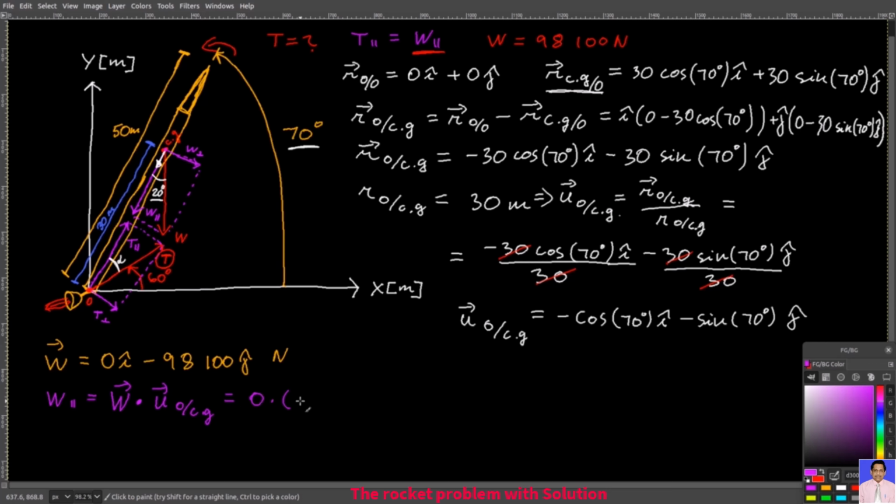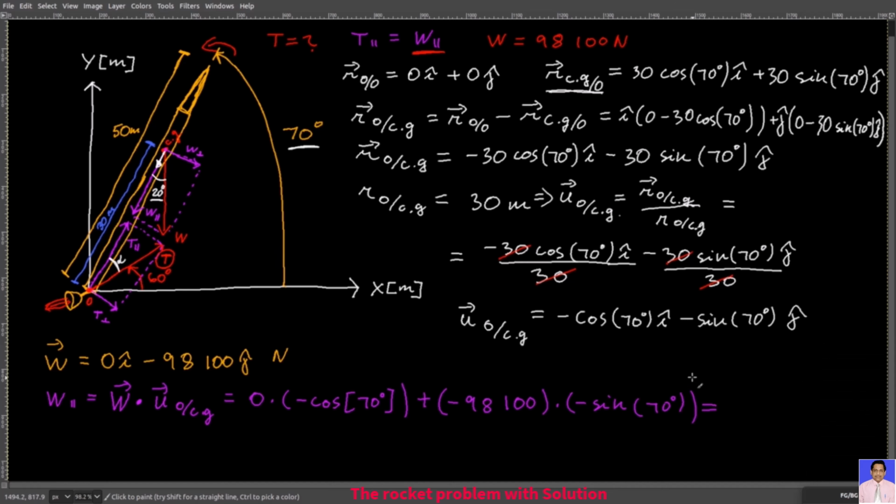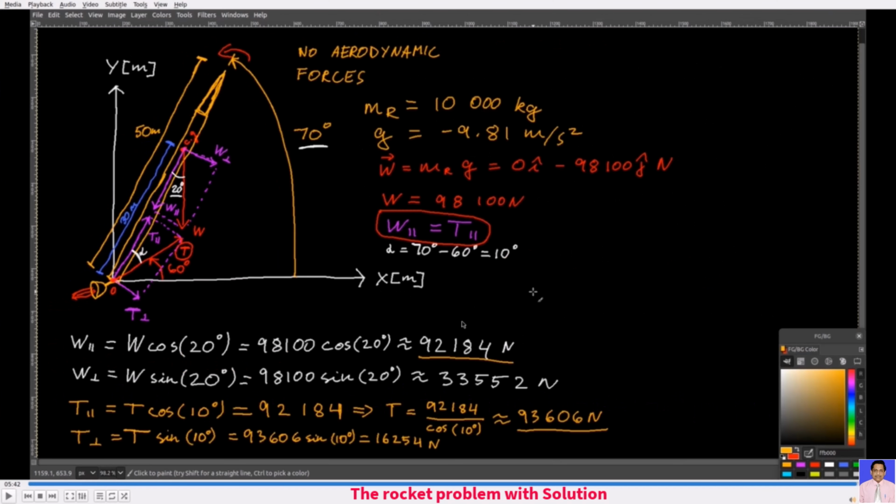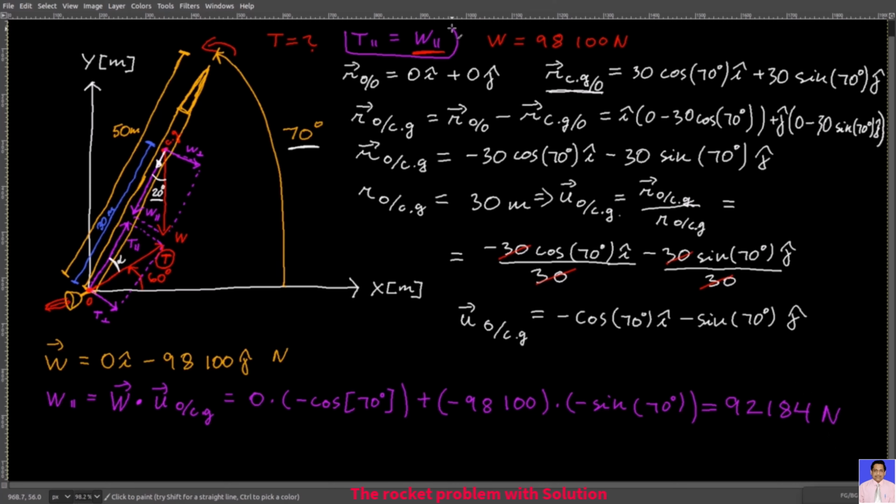So you have 0 times minus cosine 70 degrees plus minus 98,100 times minus sine 70 degrees. And that will give you 92,184 newtons. And as you can see, when we made those calculations earlier in an easier way, you got the same number, 92,184 newtons. So you got the same answer. And since we have this relationship here, that means that this thing is also this one.